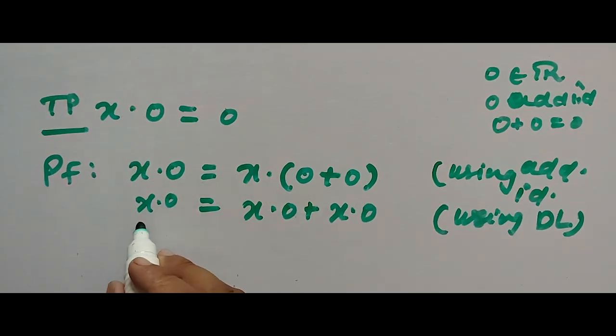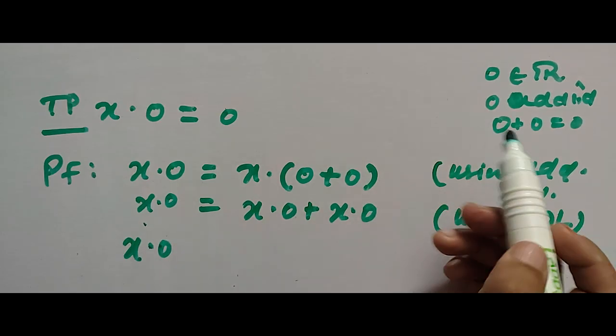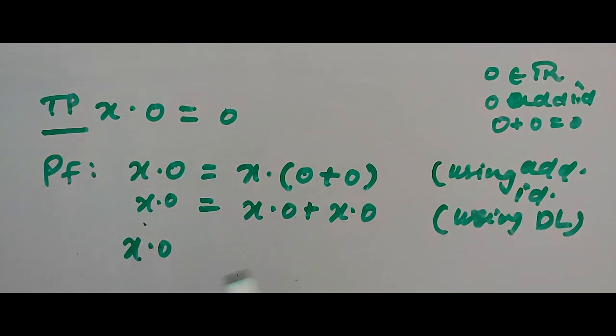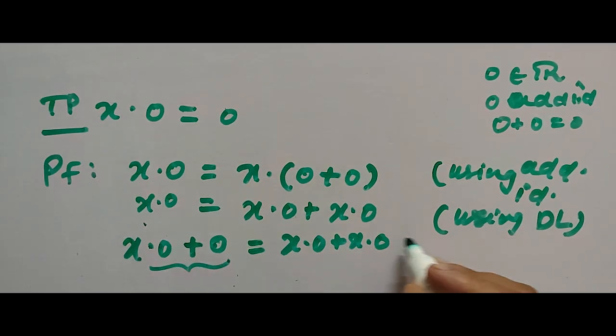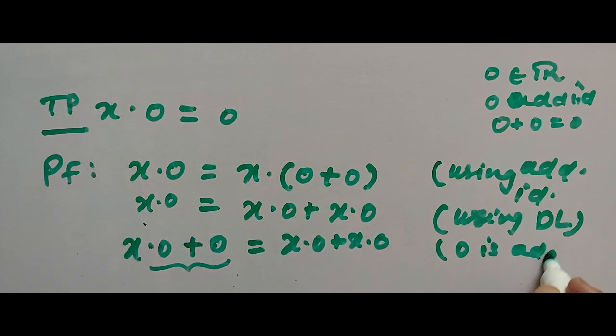Now this x into 0 is an element of R, and since 0 is the additive identity, we can write it as x into 0 plus 0. Why are we writing this? Because 0 is the additive identity.